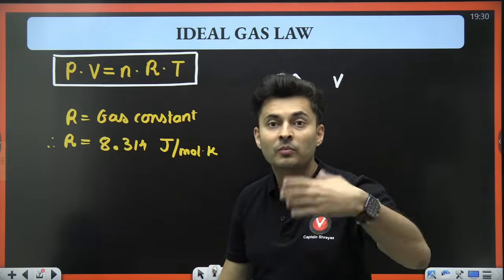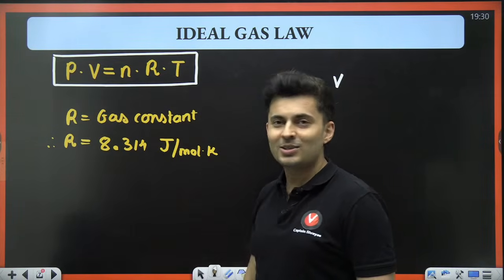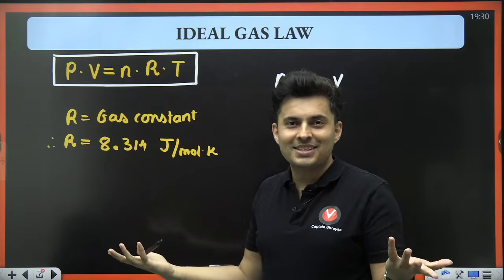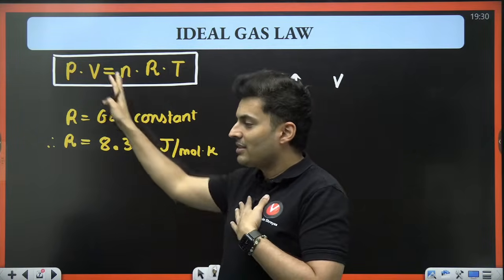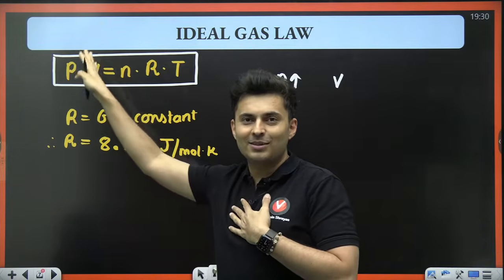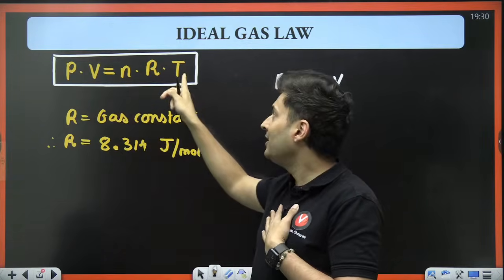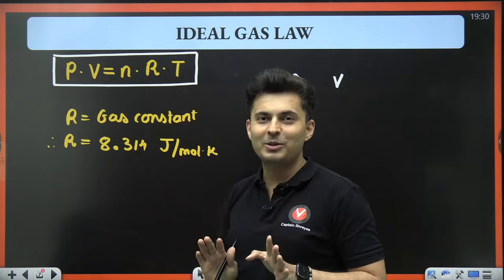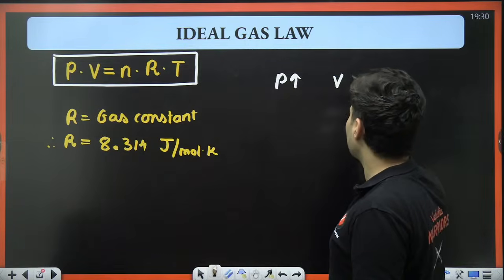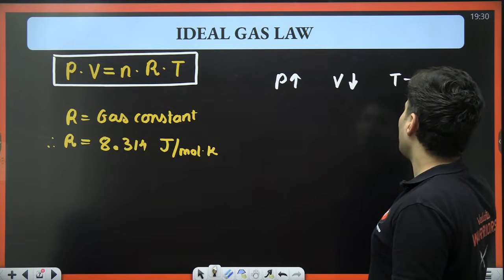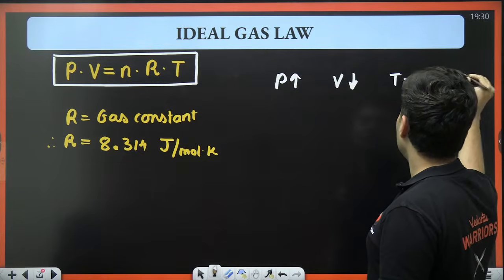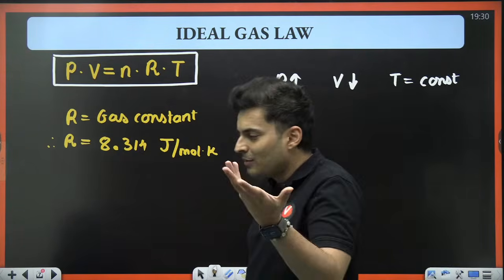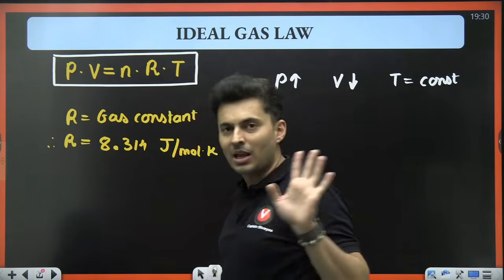That is not true. Who knows whether temperature is constant or not? You cannot say whether volume will decrease or increase unless you know temperature is going to be constant. So if temperature is constant, then you can say, yeah, the volume will decrease. Otherwise, I don't know.